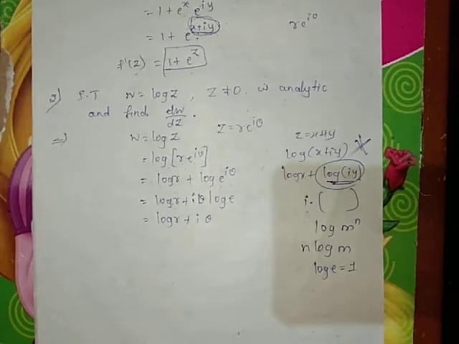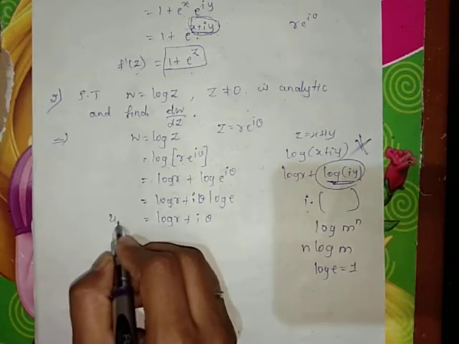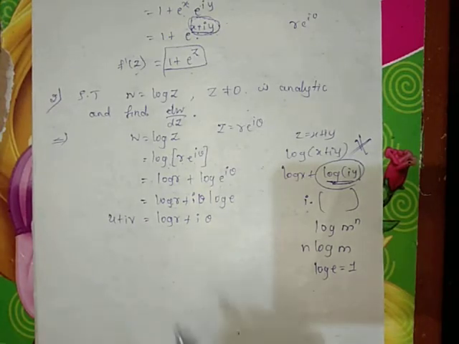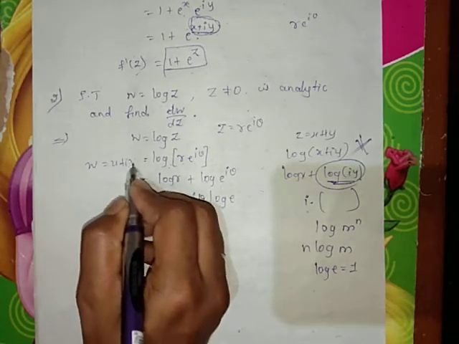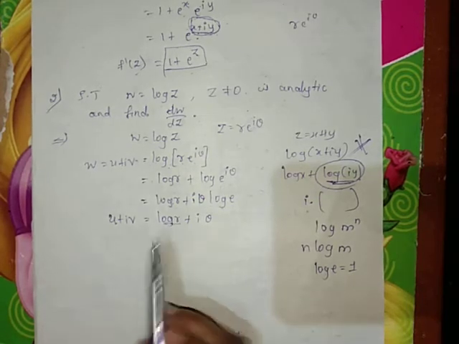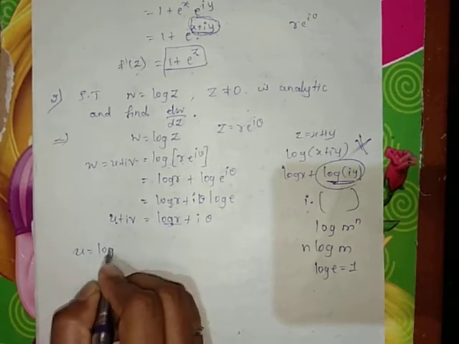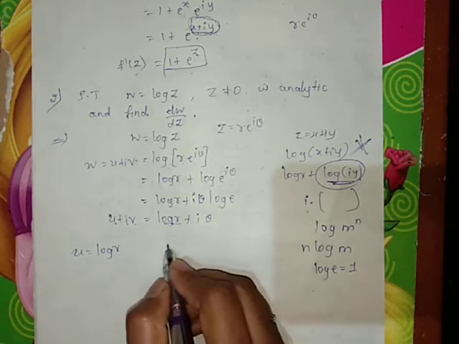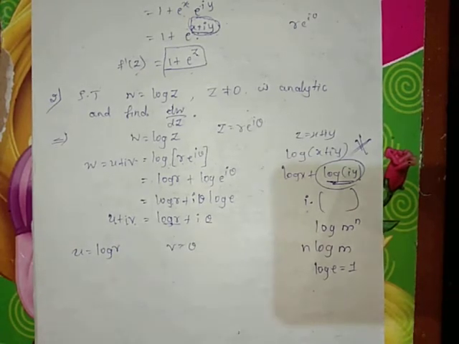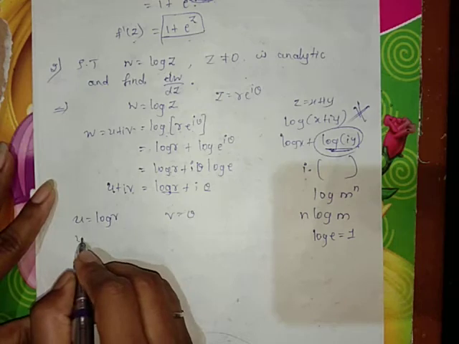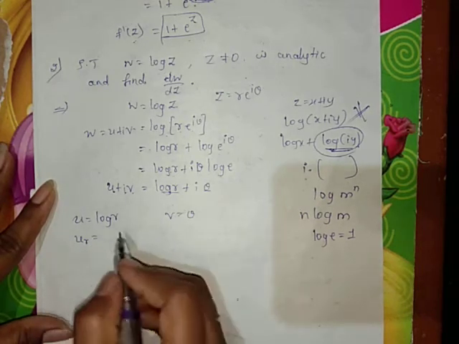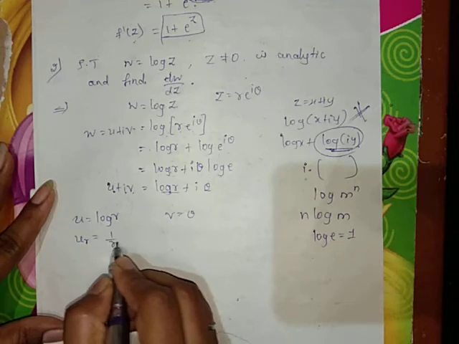So now we have made the separation of real and imaginary terms. Now compare it with w equal to u plus iv. So u equals log r, the coefficient of i is v, so v equals theta. We have taken the polar form here, so be careful, don't get confused with the previous. So in the first derivatives, u r means partial derivative of log r, which is 1 by r.